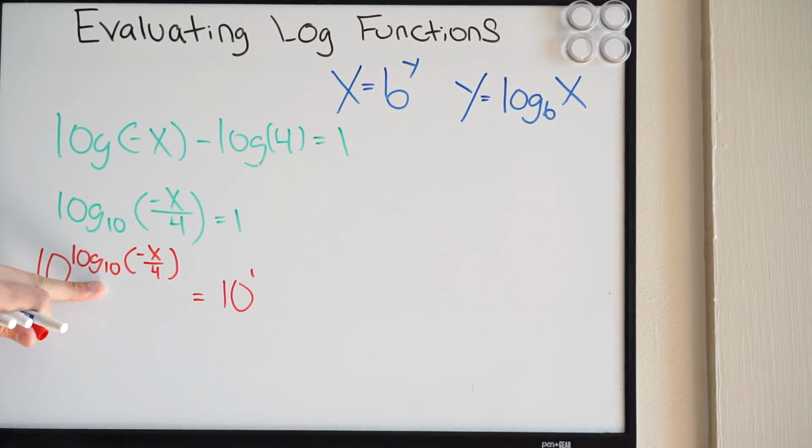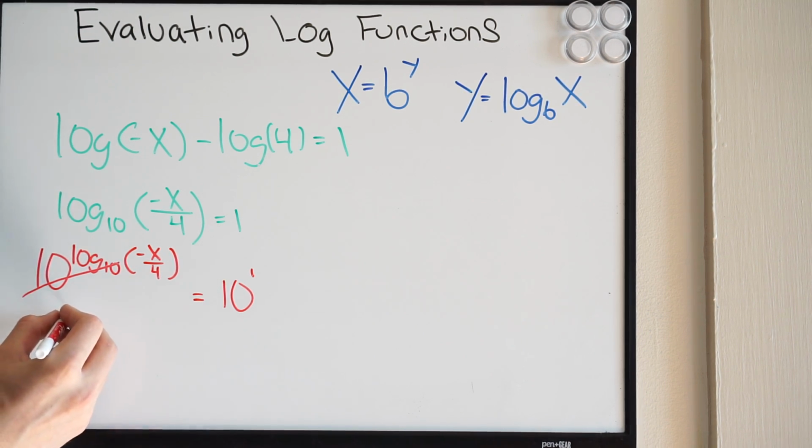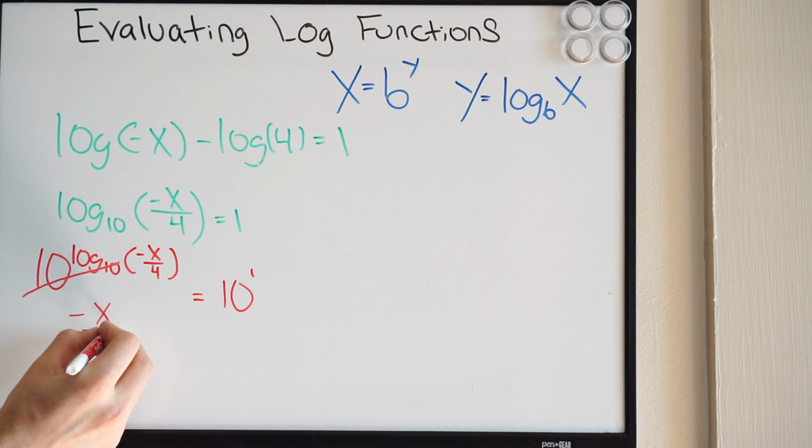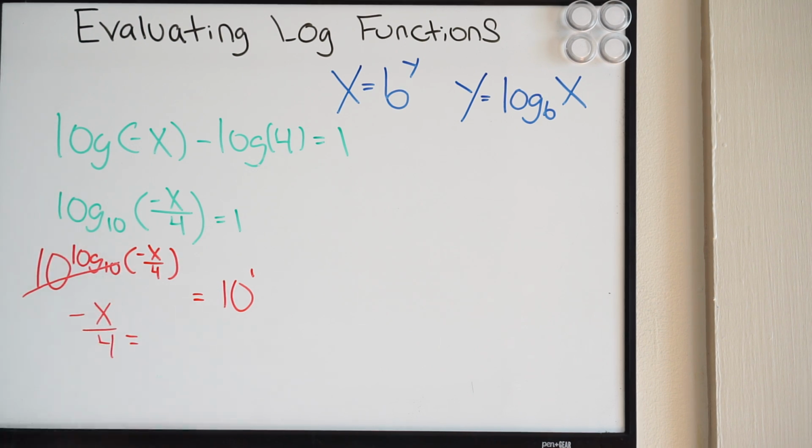Notice this is the inverse property we talked about with log, so this will simply cancel out. What I'm left with is negative x over 4, and 10 to the first power is 10, so we write 10 here.